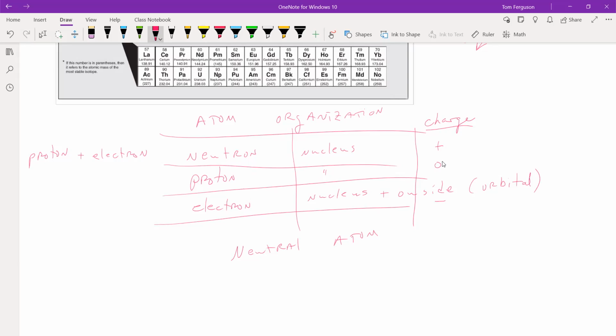Okay, and each of those three particles have a charge. The protons here, oops, I have that mixed up.